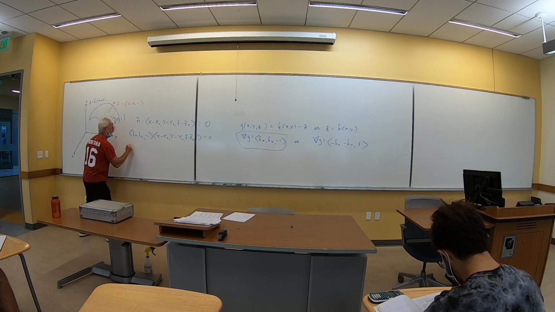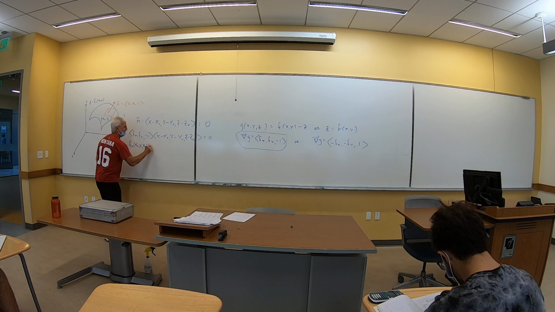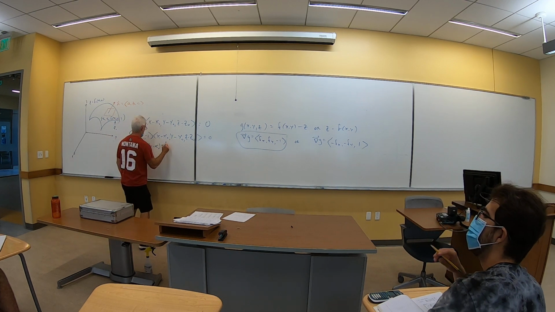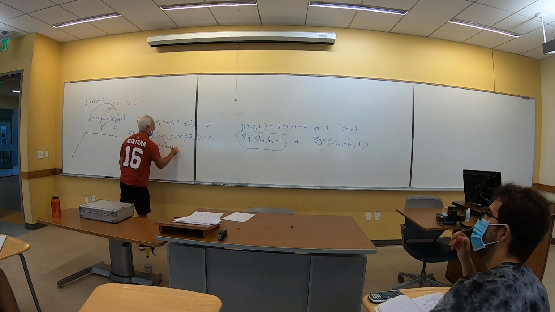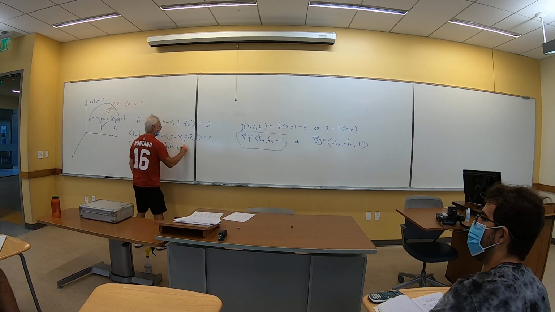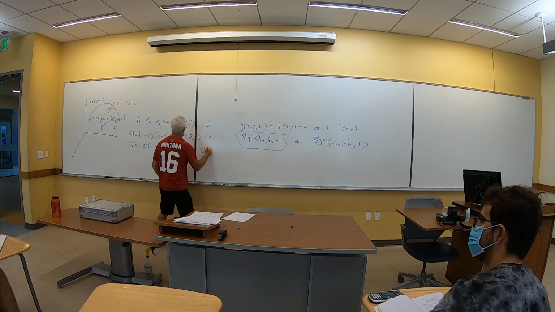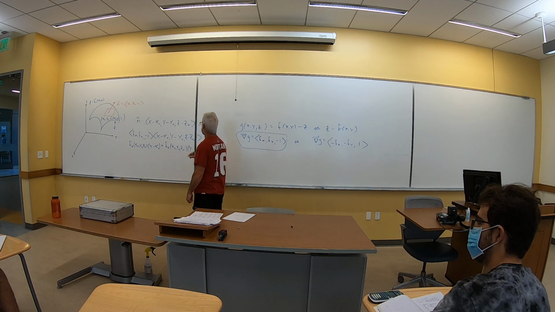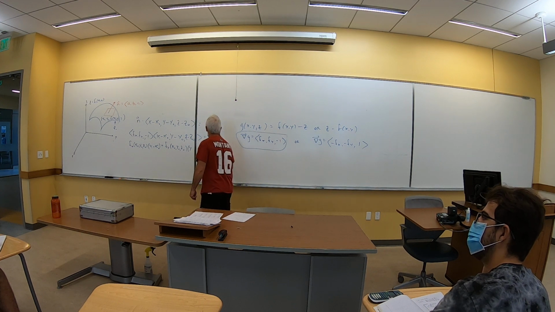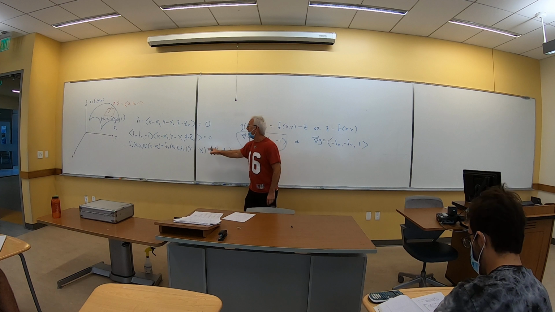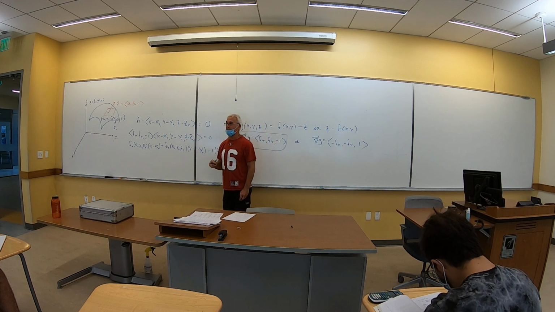So I'm going to get, I'll write it out, this evaluated times x minus x naught plus fy evaluated at x naught, y naught, z naught times y minus y naught. And then the last one is plus -1 times z minus z naught. This is the place where people usually make mistakes. They forget the -1 because they didn't have to do a partial derivative to get there.